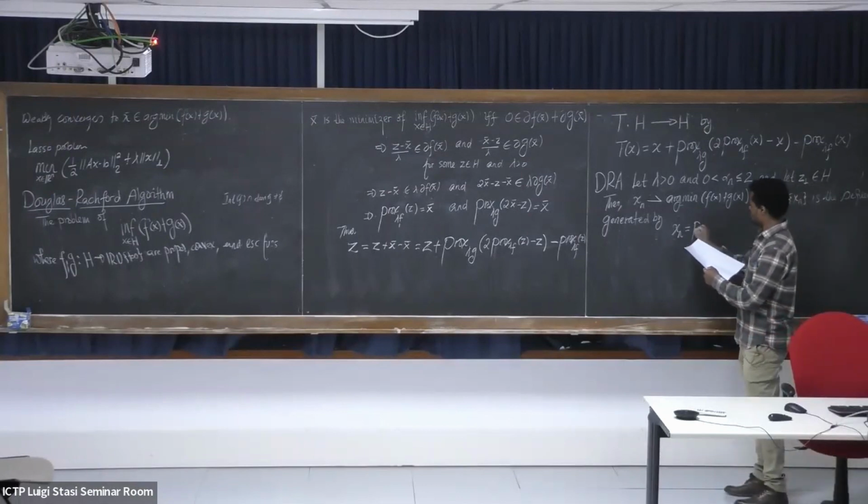So that's the proximal of lambda F of Zn.